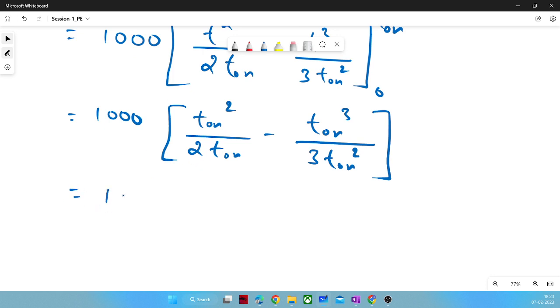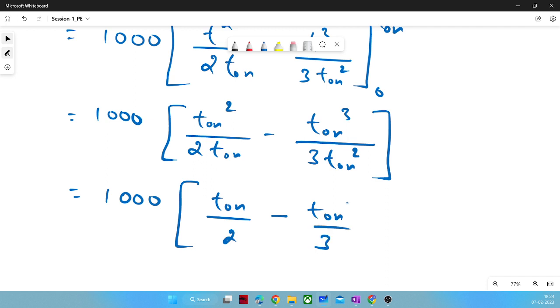After further simplification, you will get T on by 2 minus T on by 3. Any doubt till this point?